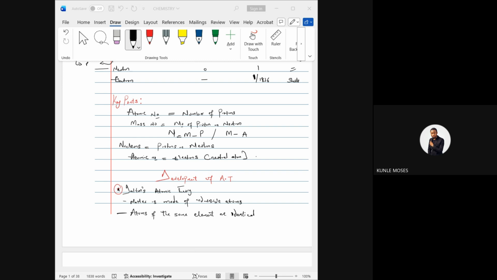So let's move to the next thing. The limitation is that atoms are divisible. If they ask what is the limitation of Dalton's atomic theory, hope you know it now, and how that is a limitation.